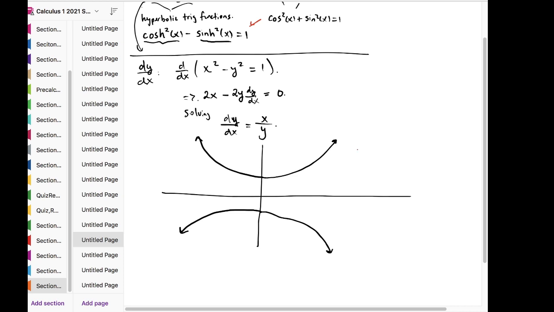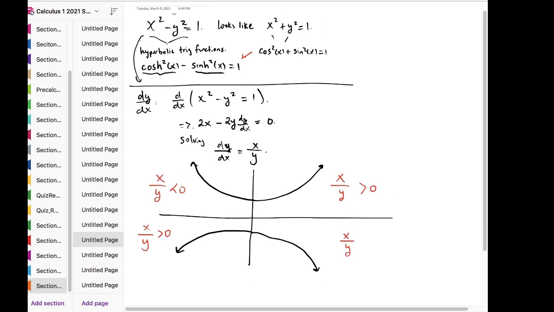How about over here? Is x over y positive or negative here? It's positive. Is x over y positive or negative here? Negative. Here? Positive, they're both negative. And here? Yes, negative.